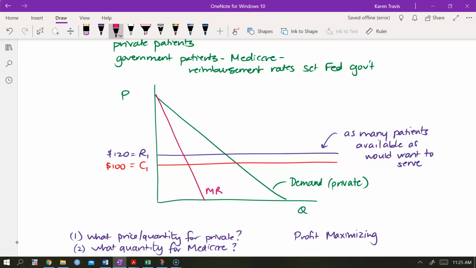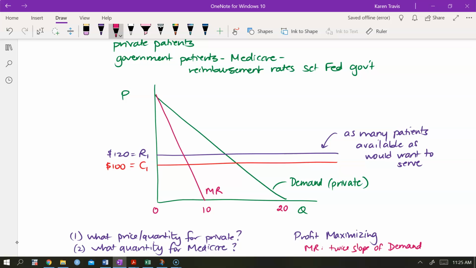And if you've forgotten from 101, just review your monopoly chapter. But also, let's keep in mind that marginal revenue has twice the slope of demand. So that's a condition of the marginal revenue curve. So if this was 0 and this was 10, then this must have been 20.